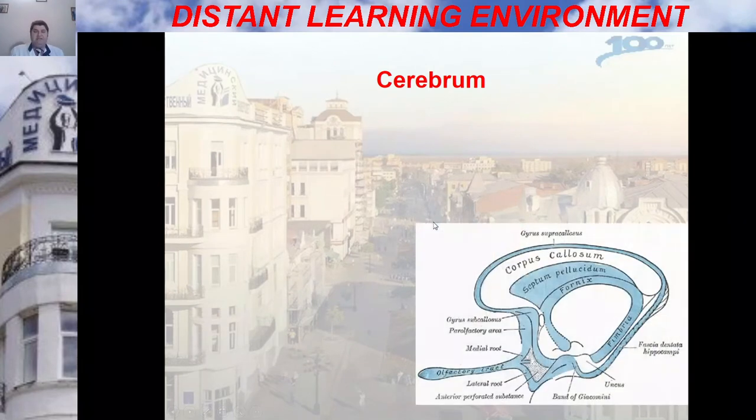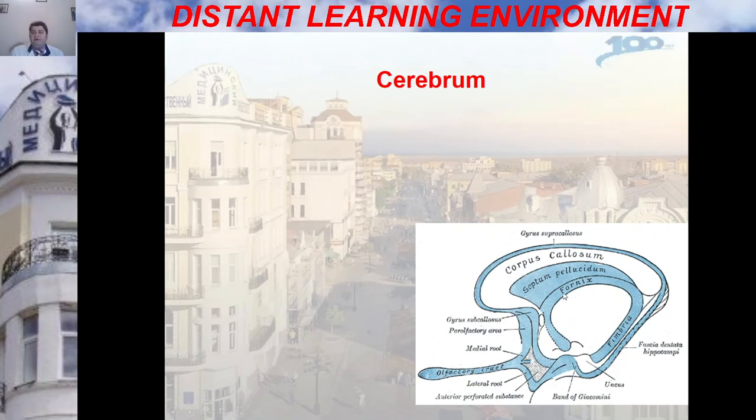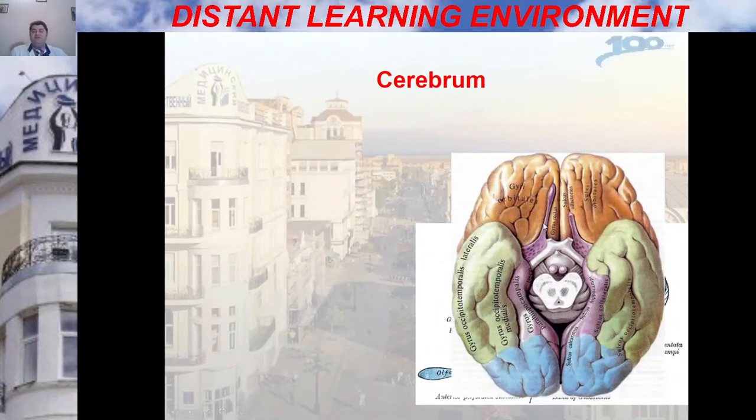So each hemisphere is composed of the pallium and the rhinencephalon. You may see the rhinencephalon here on this picture, in violet color, and you may read this term on this picture too.